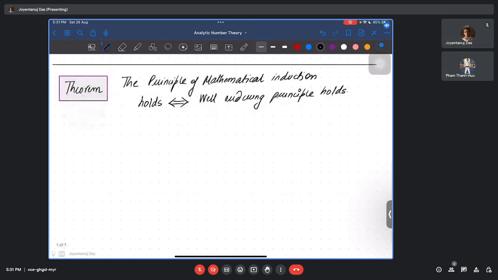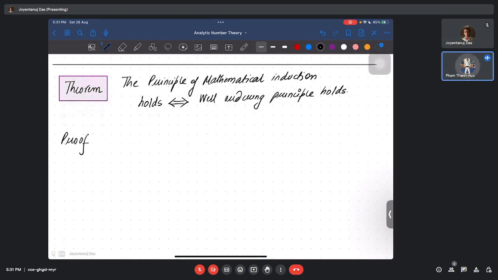So we'll prove like this. What does it mean? The principle of induction holds means it is true, if and only if the well ordering principle also holds.